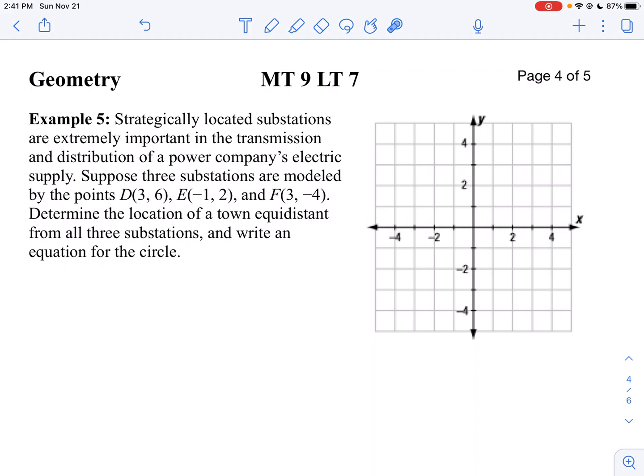So we're going to combine what we did here with what we did the other day, or the other lesson, I should say. So D is at (3, 6). I'm off the grid for D. E is at (-1, 2).